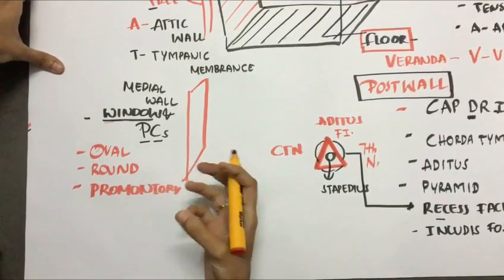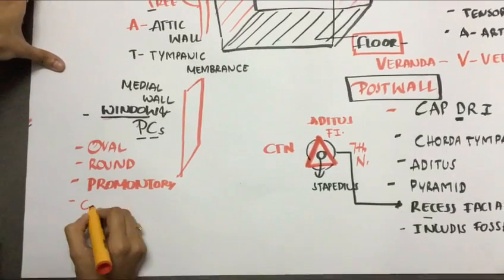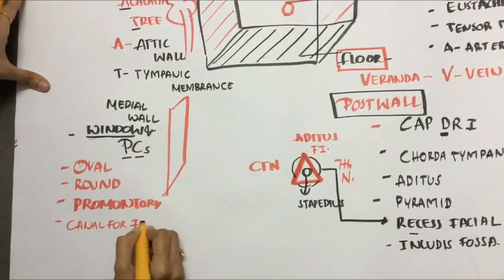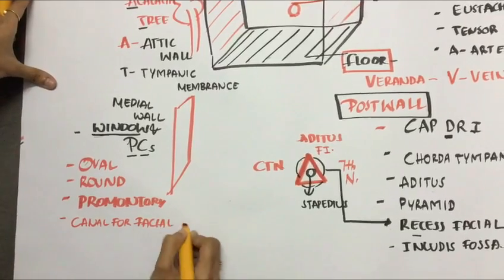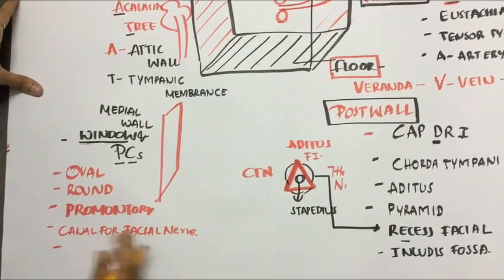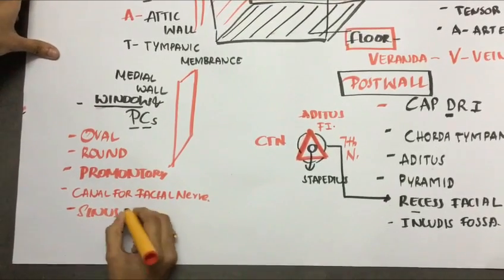Promontory is nothing but the cochlear basal coil bulging. C for canal for facial nerve. And S for sinus tympani.